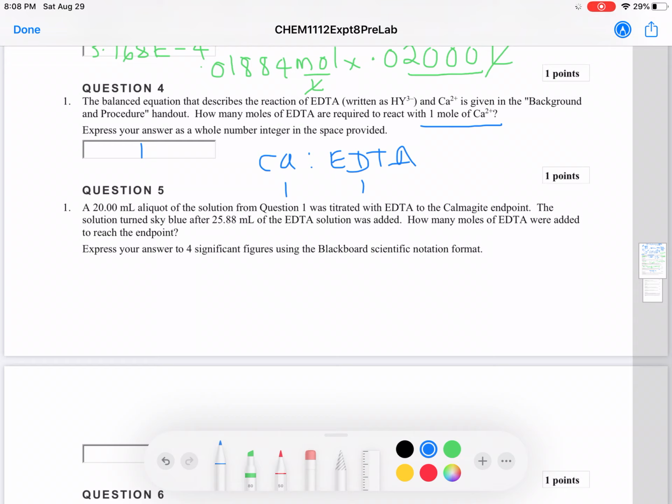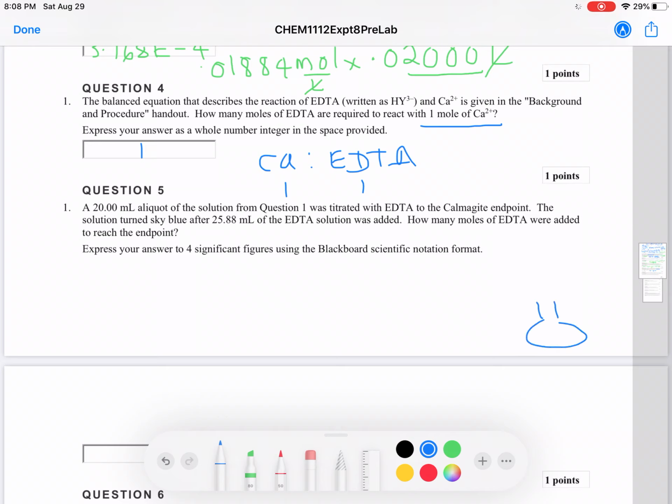A 20 milliliter aliquot of the solution from question 1 was titrated with EDTA to the Calmagite endpoint. The solution turned sky blue after 25.88 milliliters of the EDTA solution was added. Remember you are doing a titration.